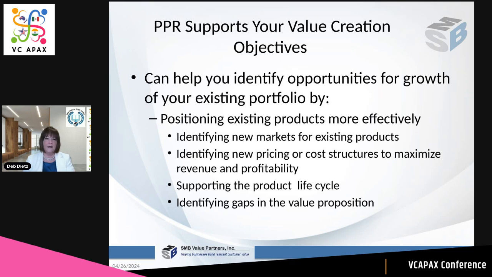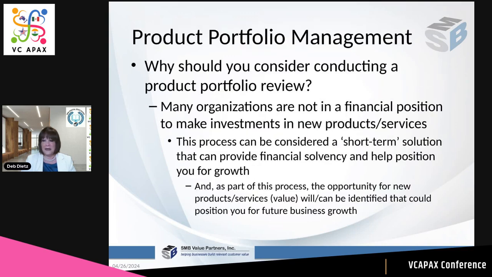You're not allocating those human and financial resources to focus on those products or services that could provide a greater return to you. And it helps you make the argument when you're around the table having those discussions. It's very, very powerful. So I'm going to show you how to do that in a minute.